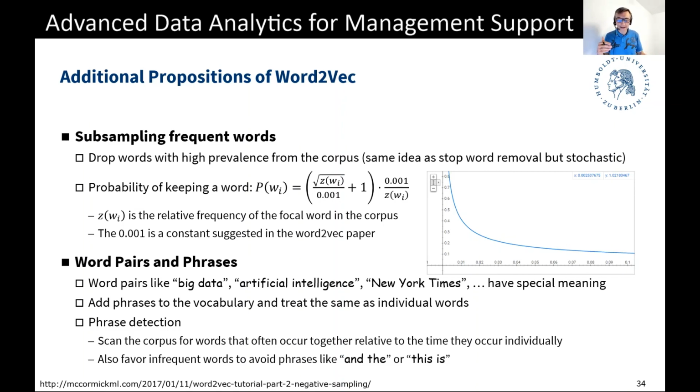So you have three embeddings for New, York, and Times, but in addition, you have one embedding for the New York Times. Or you have one embedding for big and one for data, but you have an additional embedding for big data. And that additional embedding represents the specific semantics of the phrase big data. Right? So just another tweak of word2vec. And with that, you have seen the two main mechanisms, negative sampling and hierarchical softmax, to accelerate the training.